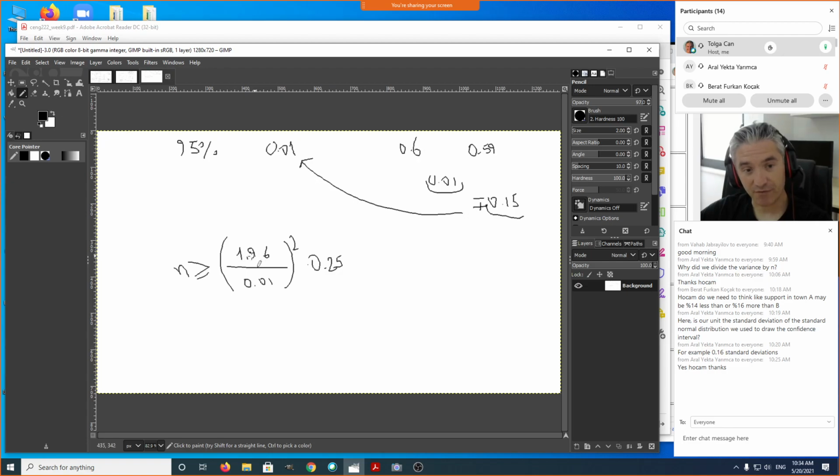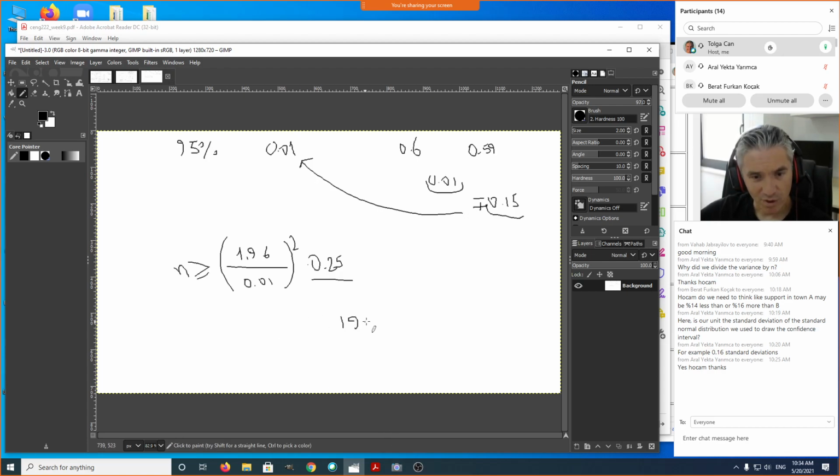If you want to increase your confidence, this number is going to increase, which means that you have to have more samples. If you want to decrease the margin, which means increase the precision, again you have to increase the sample. But this 0.25 is the largest variance we can get. That's playing conservative.